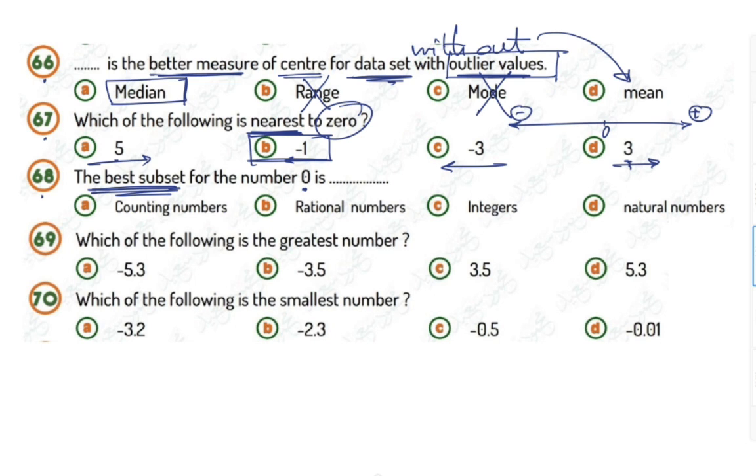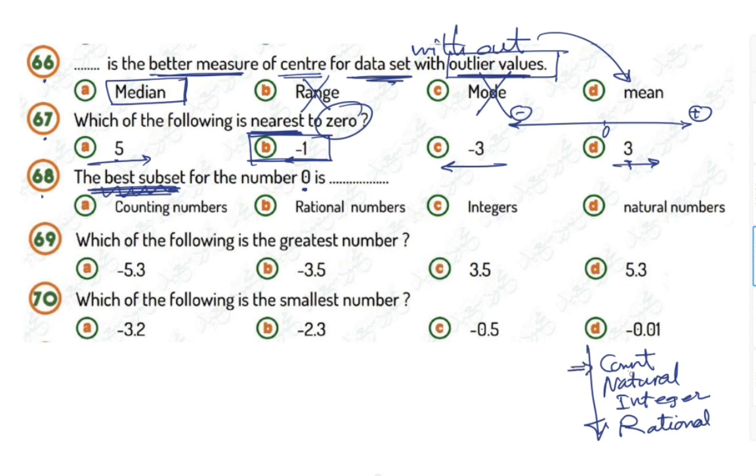The smallest one is the counting numbers, then natural numbers, and integers, and the biggest one is rational. So when he asks you about the best subset, use this list. Start with the first one.